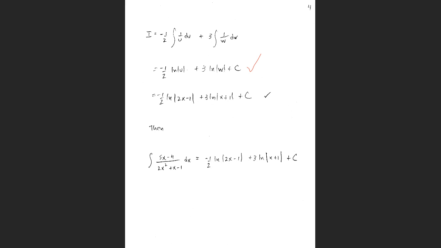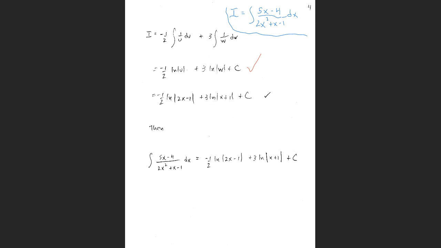And remember, this integral was our original integral I, which was equal to the integral of 5x minus 4 over 2x squared plus x minus 1 dx.